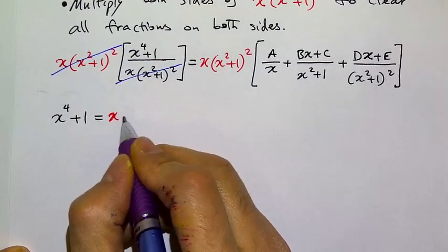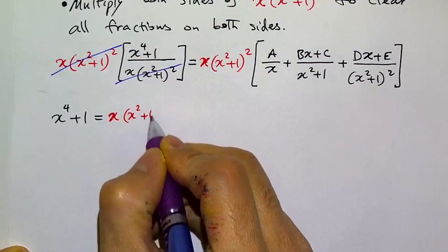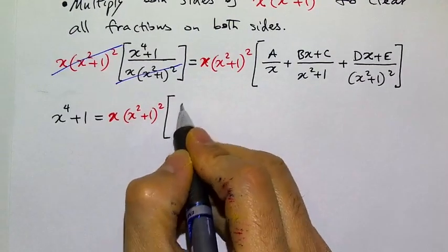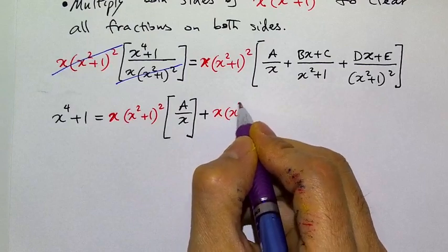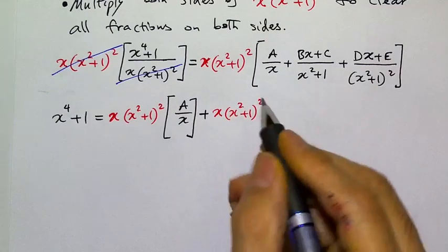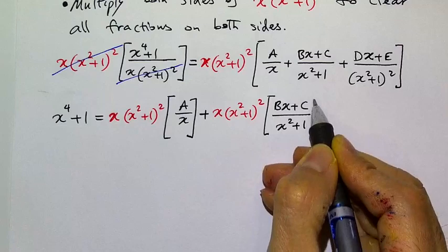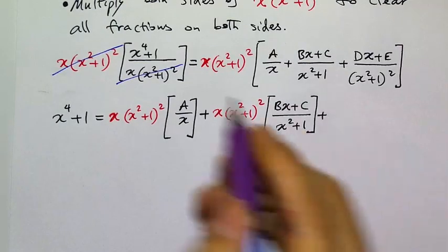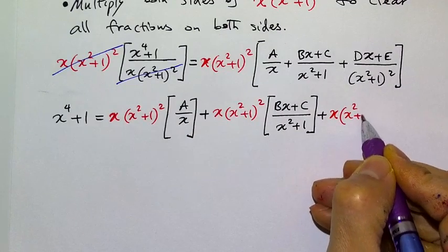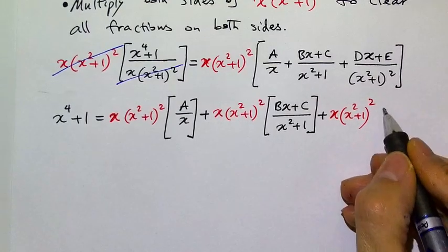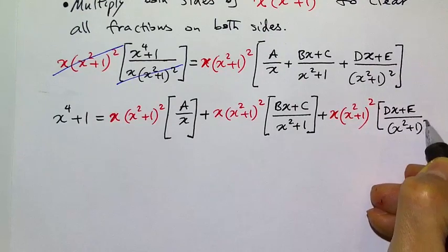So I have x times (x squared plus 1) squared times A over x, plus x times (x squared plus 1) squared times (Bx plus C) over (x squared plus 1), plus that again distributed to this one, so x times (x squared plus 1) squared multiplied by (Dx plus E) divided by (x squared plus 1) squared, like that.